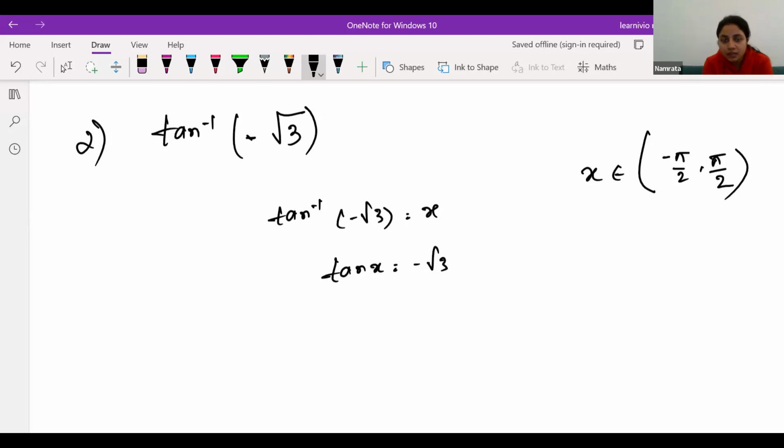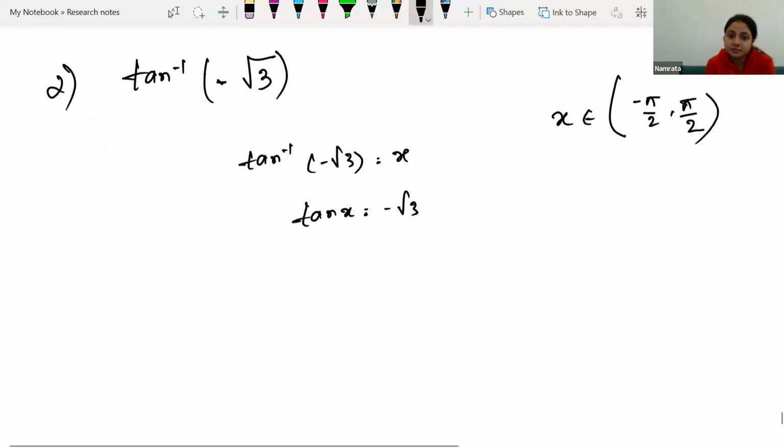Tan 30 degree, tan 45 degree, tan 60 degree, tan 90 degree, tan 0 degree, what? Ma'am, 60. 60, that means pi by 3. Yes, right? So tan x is equal to minus tan pi by 3.